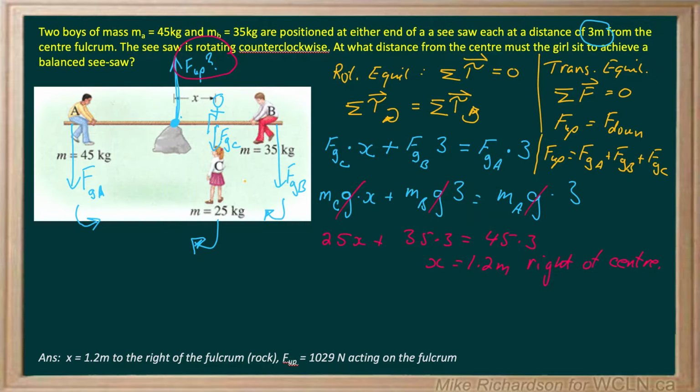So 45 times 9.8 plus 25 times 9.8 plus 35 times 9.8, etc. And I end up getting a force in the upward direction of 1,029 newtons. Now that will simply be 45 plus 25 plus 35, which is 105 kilograms times 9.8. So it's this equation, and I just plugged in my values.